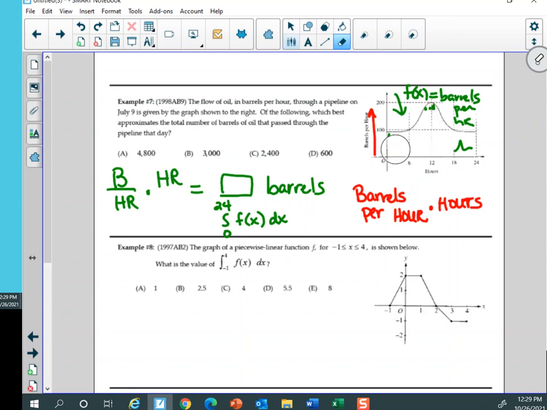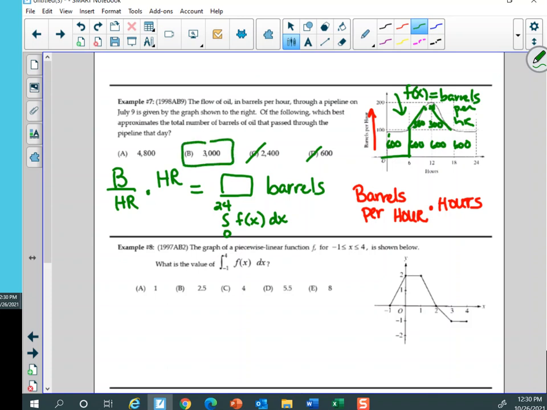Now, as I look at these areas, it looks like one square on this grid is 6 by 100, so that's a 600 barrel square. I've got 4 of those, so that's 2,400, and I have more than that, so 2,400 is not enough. 600 is too little. What I have up here looks like approximately half of a rectangle, so probably another 600, 300 on each side. So best answer for that problem is B.